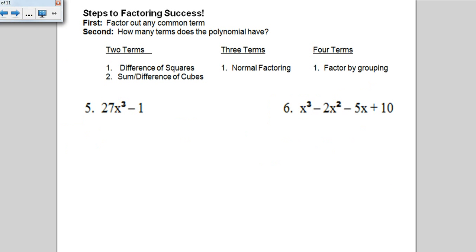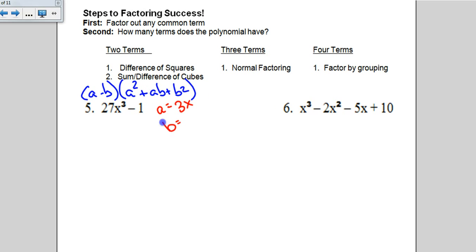Okay, number 5, 2 terms, definitely not squares, so it must be a cubic pattern. So I need to identify that this is the difference pattern, which is a minus b times a squared plus ab plus b squared. Okay, so your a is the cube root of 27x to the third, which would be 3x.